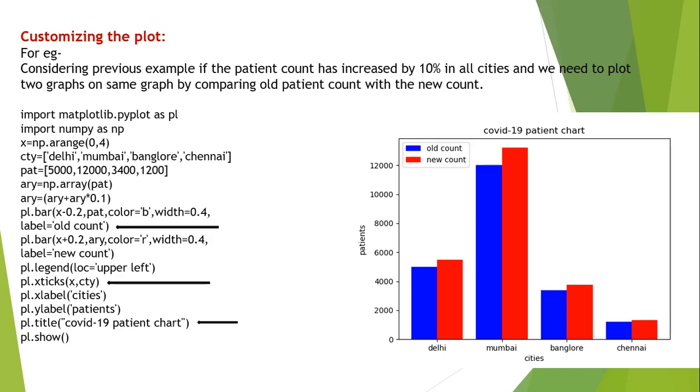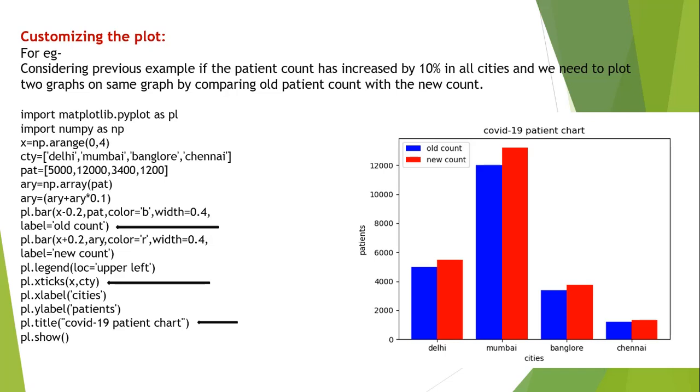And since we told that it was a 10% increase in the patient count, you can see obviously that red color bars are a bit higher on the y-axis as compared to the blue color bars. That means the old one is also represented and the red bars are also being represented here. That means we are showing the old patient count and the new patient count in the same graph, and the values have been represented accordingly.